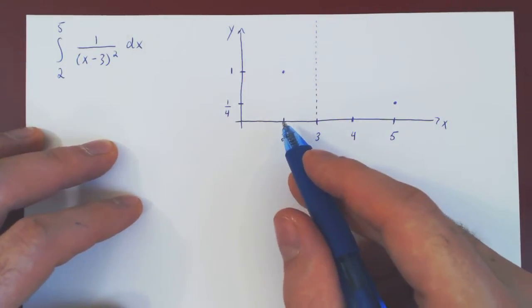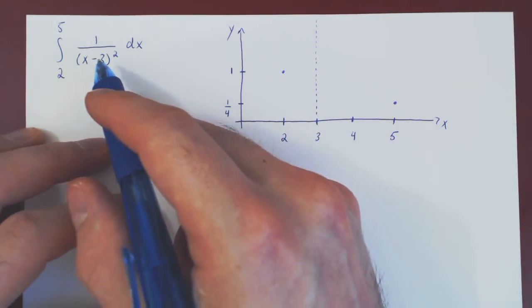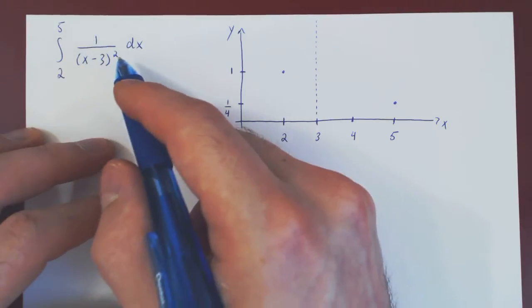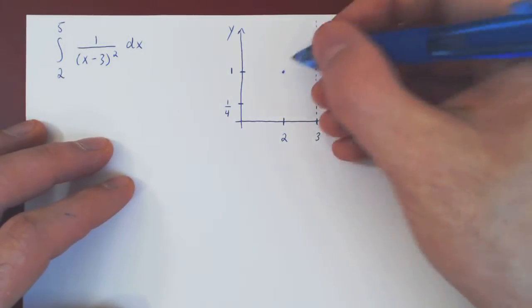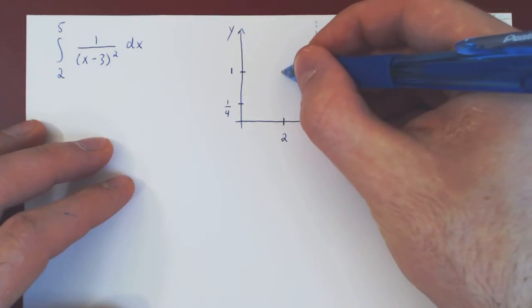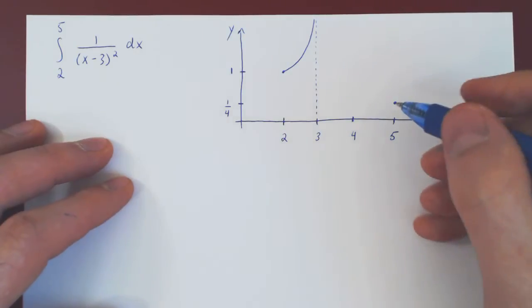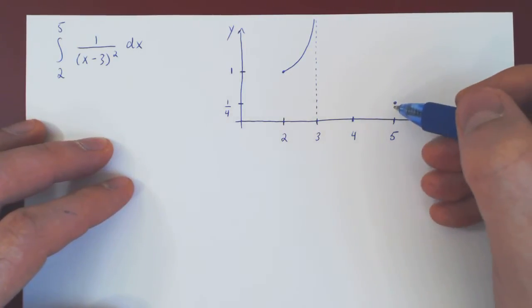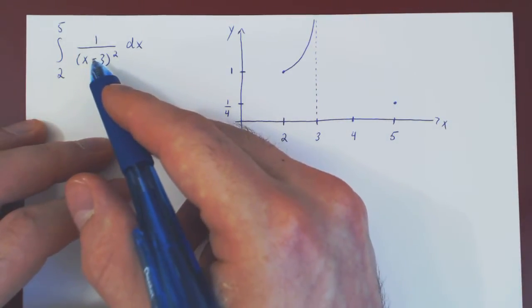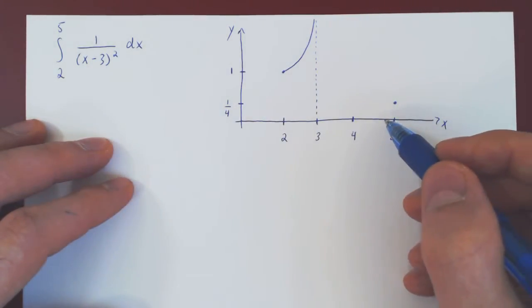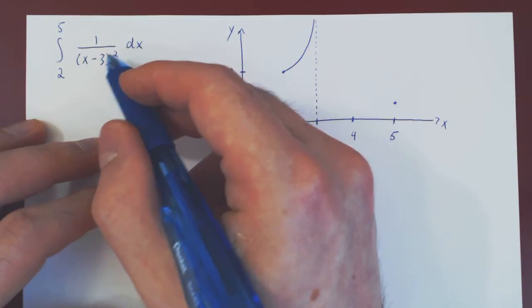And now if you look between 2 and 3, as x gets closer and closer to 3 from the left, this will shrink to 0, you'll have 1 over positive 0, so it will blow up to positive infinity. So the graph will look something like this. And as you go from 5 to 3, as x approaches 3, this will approach 0 squared, which is positive.